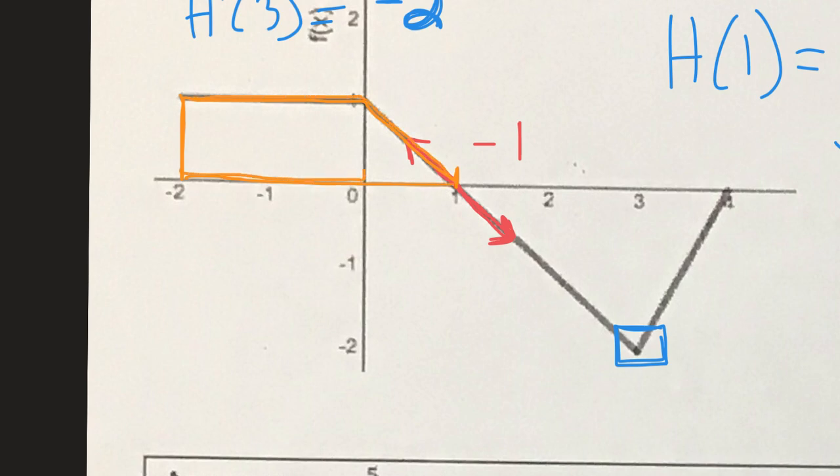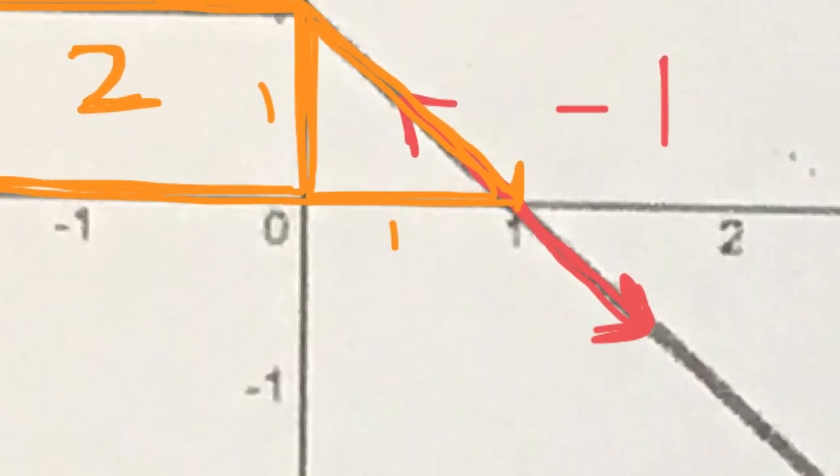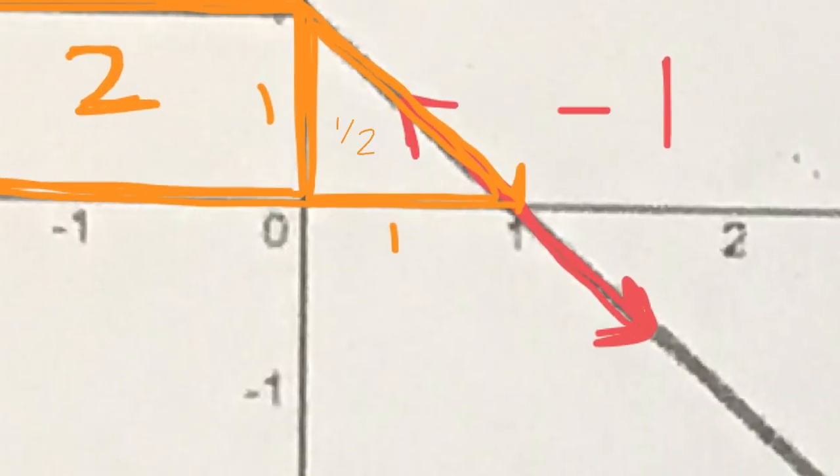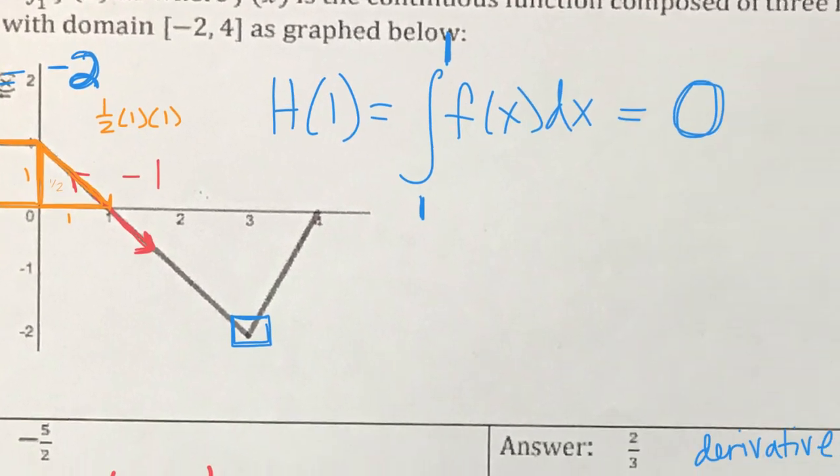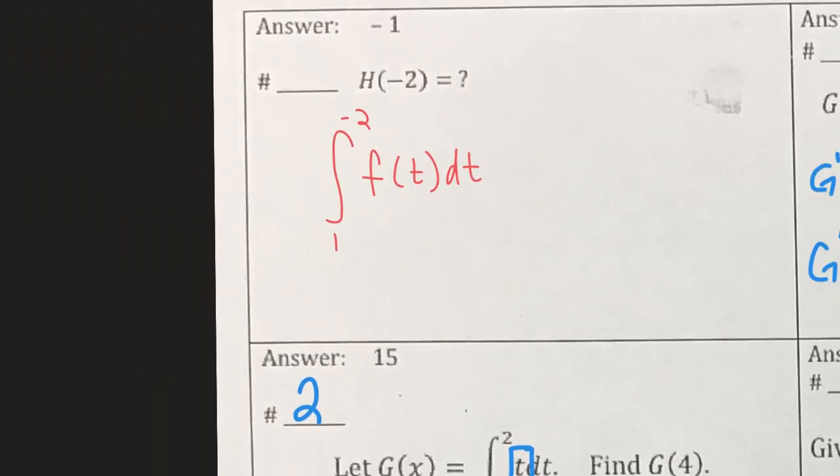We have a rectangle, so what's the area of my rectangle? 2, because it's 1 unit high and 2 units wide. And this is a triangle with a height of 1 and a base of 1. So 1/2 of 1 times 1 is 1/2. So the area from -2 to 1 is 2.5. But that's not what we want.